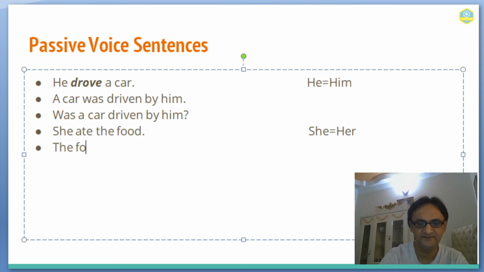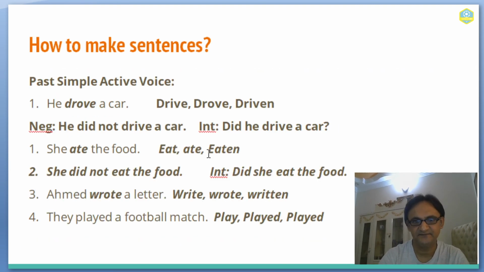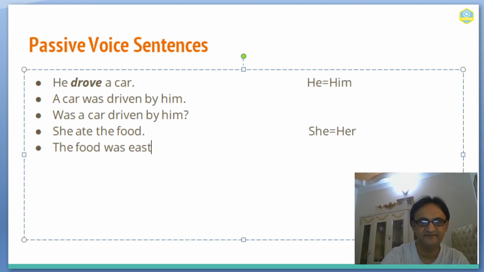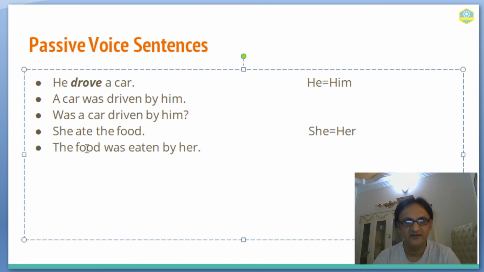The food was, now what is it? Eaten. Eat, ate, eaten, third form. The food was eaten by her. So you can see how we changed. You have to focus on the formula in order to practice, and that will be easy for you.